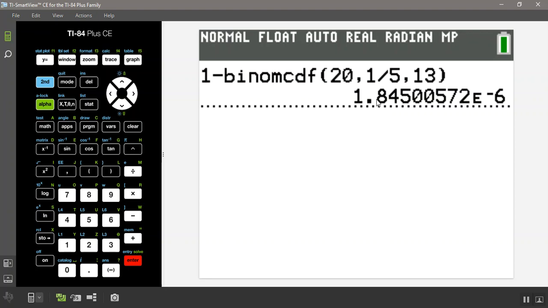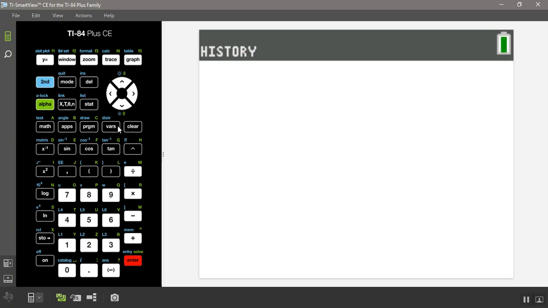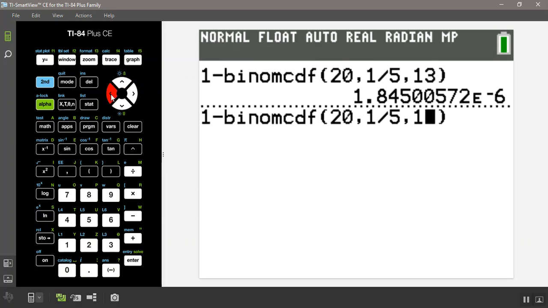Now remember, probabilities can never be higher than 1. So you want to look over to the far right where it has e negative 6. That means that it's times e to the negative 6, which means the decimal point is 6 spots over to the left. Let me show you what this would have looked like without the 1 minus real quick. So let me grab this and just show you what the answer was, because it's actually going to be 0.999 and some change.